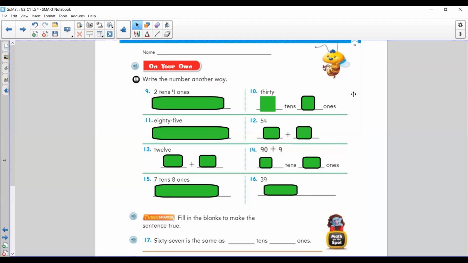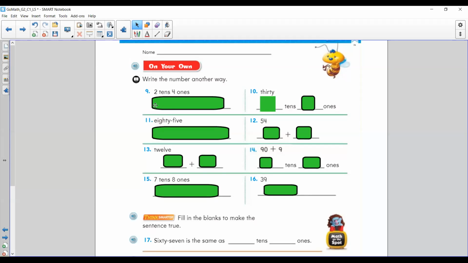Okay, for this page, this says on your own, but that will be up to your teacher if you should do this on your own. You are to choose another way to write the number. So write the number another way. This one says 2 tens and 4 ones.